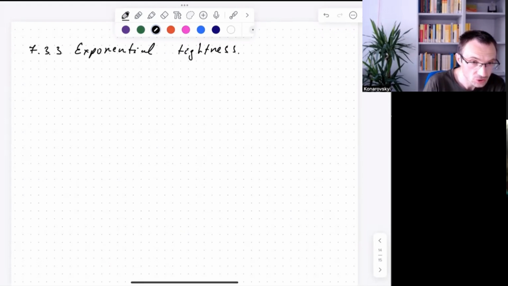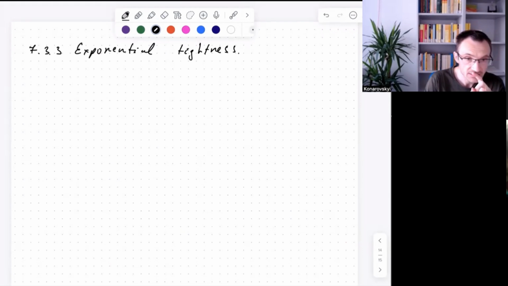And to show the exponential tightness, I would like to recall one of the exercises which you obtained for homework. I need to open it. I do not remember.